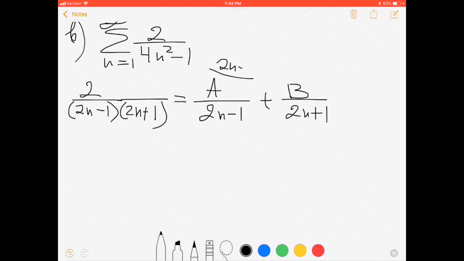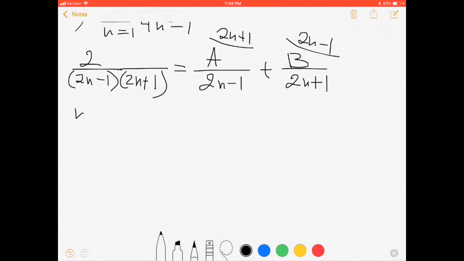Go back, make it the same denominator, and we have the coefficient of n will be 2a plus 2b. But our first fraction in the numerator doesn't have any n. This means here we have 0.